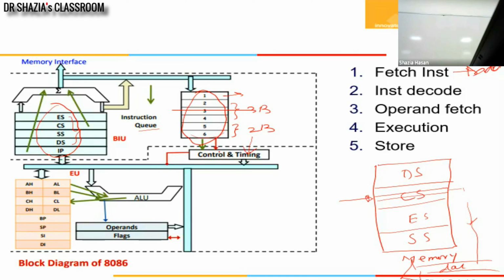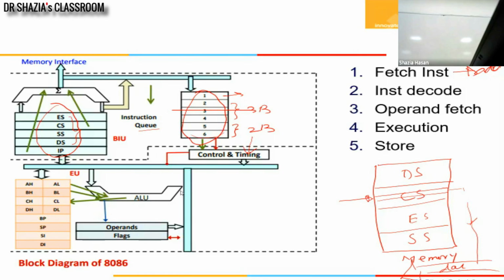As soon as it moves to instruction decode, your BIU will generate the next address from where it needs to fetch. By this process, with instructions available in the instruction queue, the execution unit does not have to wait for an instruction to be fetched.